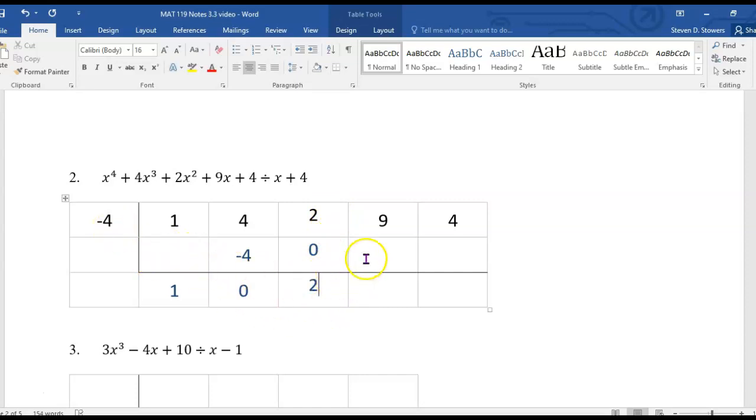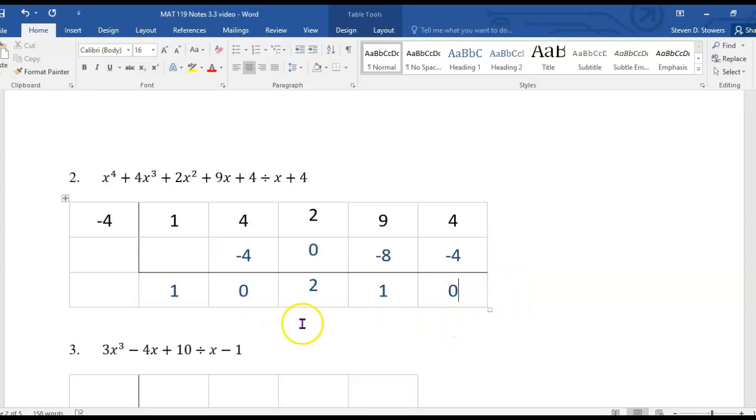Multiply -4 times 2 is -8. Add 9 plus -8 is 1. Multiply -4 times 1 is -4. And add 4 plus -4 is 0.